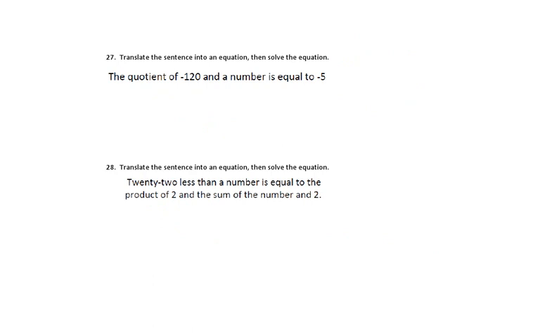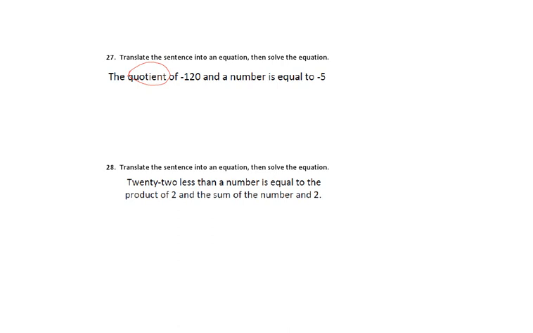Alright, 27 would like us to translate the sentence into an equation, then solve the equation. Alright, the quotient of negative 120 and a number is equal to negative 5. Let's go over this again. The quotient. Quotient means division. Quotient also means fraction.